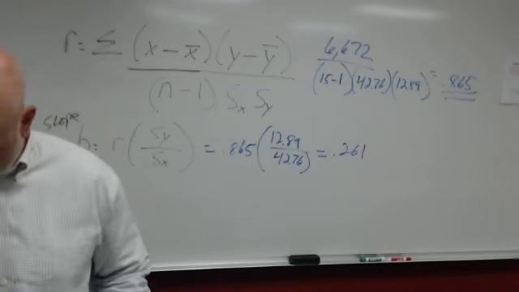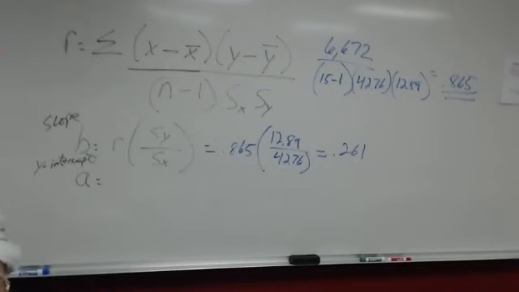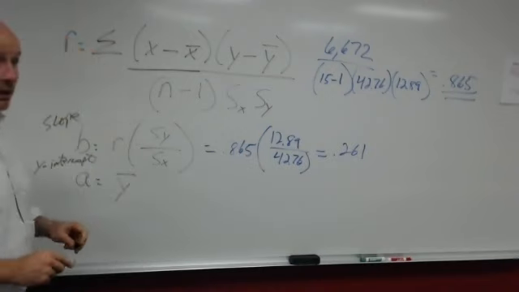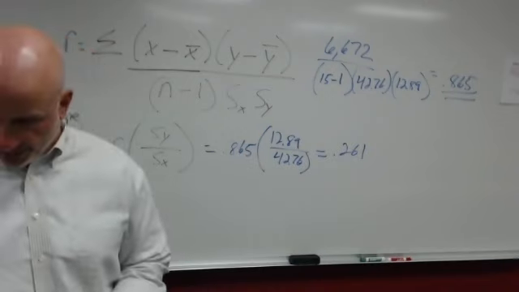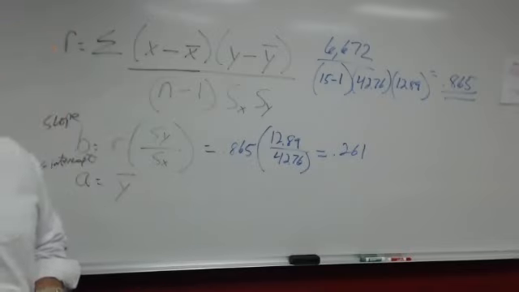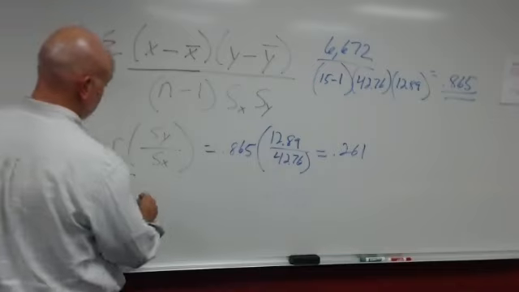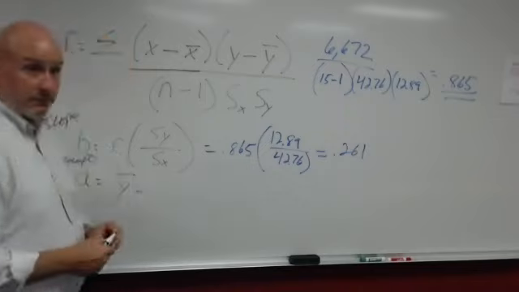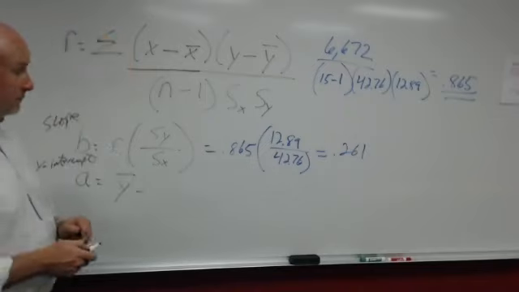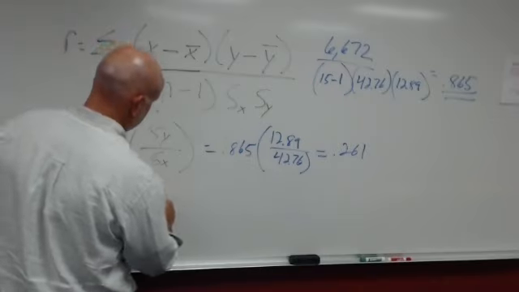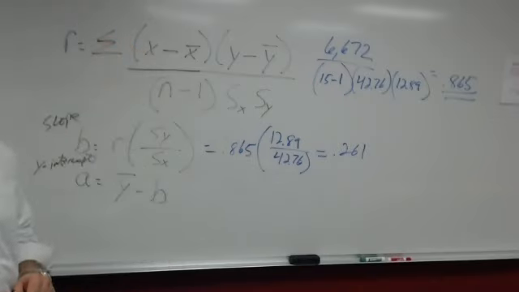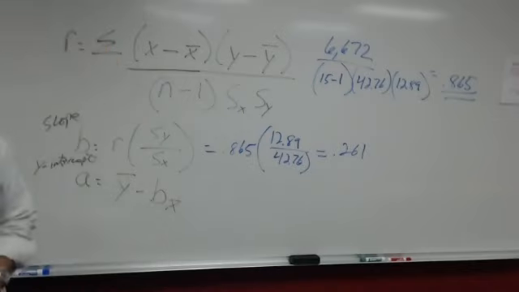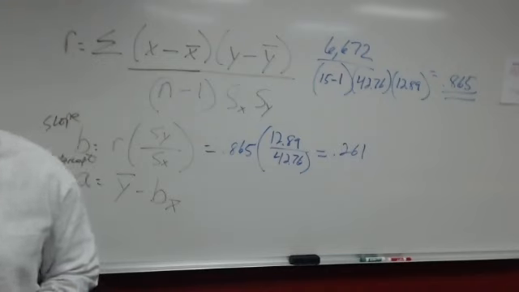Next, we've got to calculate the Y-intercept. How are we going to solve for the Y-intercept? A equals the mean of Y minus the slope times the mean of X. All right, so let's solve for this.